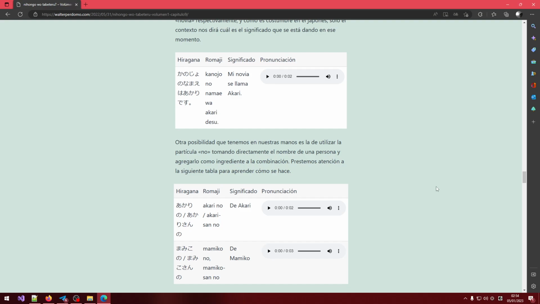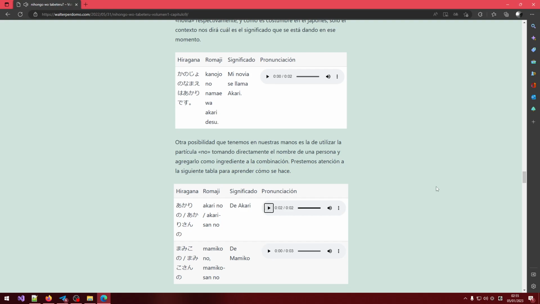Okay, now the particle の also works with pronouns, nouns, and names. For example, you could say something like あかりの, あかりさんの.